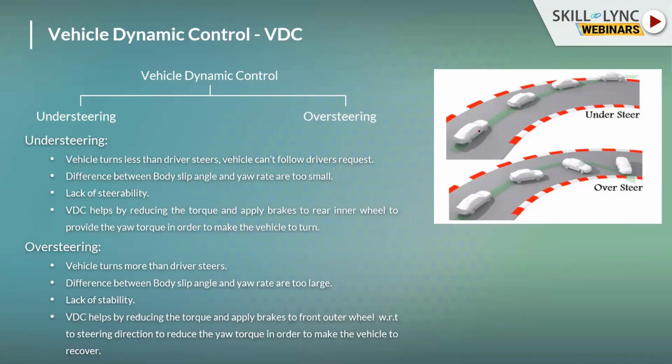In case of understeering, it will brake the front inner wheel, but in oversteering, it will brake the front outer wheel and the rear wheel so that the power will be reduced. So the excessive inertial force, which is going to travel on the right side, will be cancelled by applying the outer wheel braking in the front axle, so that the inertial force will be recovered and the vehicle can make a smooth turn in the oversteering situation.